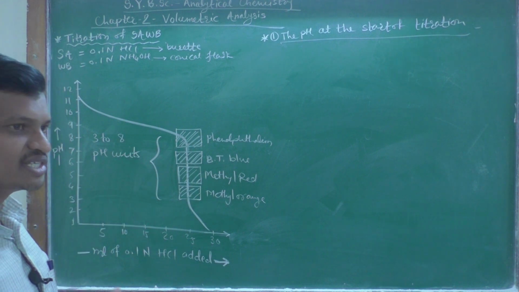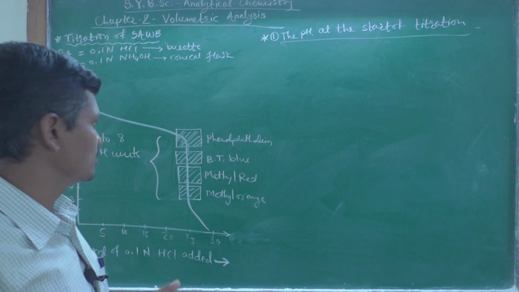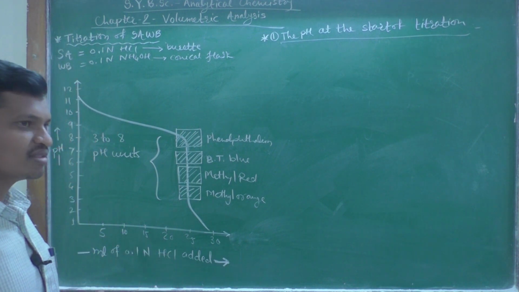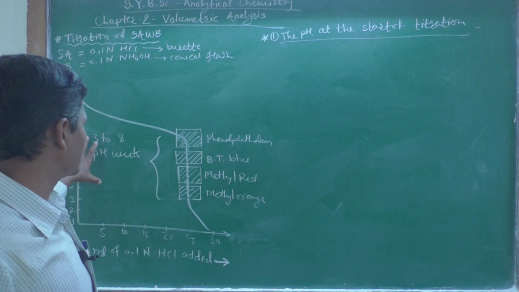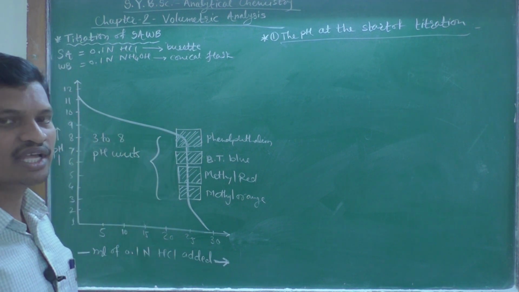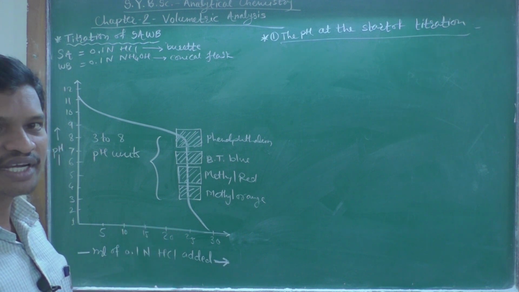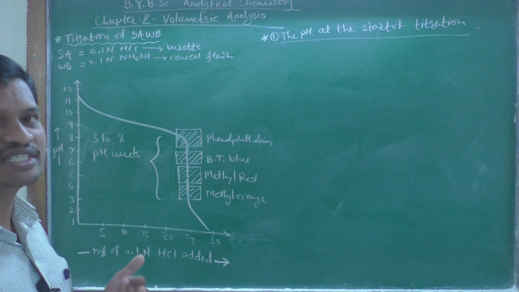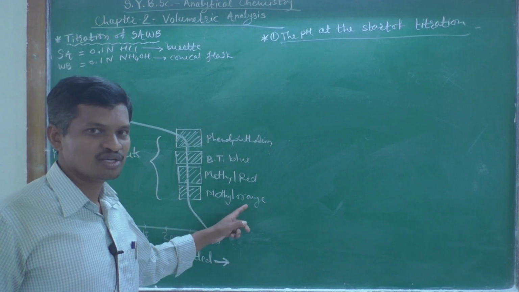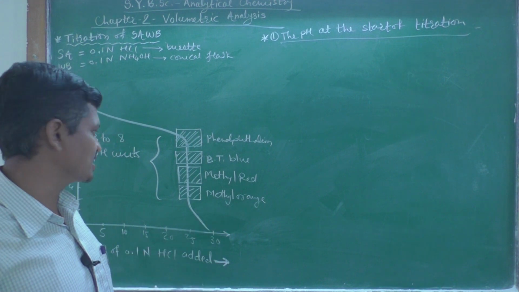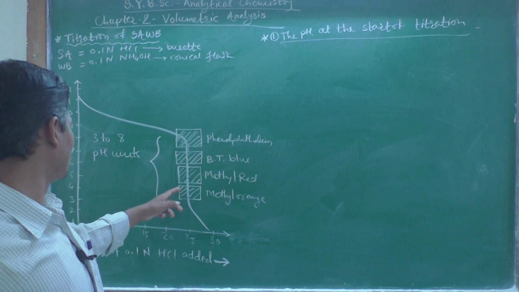Now we have to consider the choice of indicator. In this area of 3 to 8 pH units, mainly 4 indicators have their transition range. The first one is methyl orange, which has its transition range from 3.1 to 4.4.